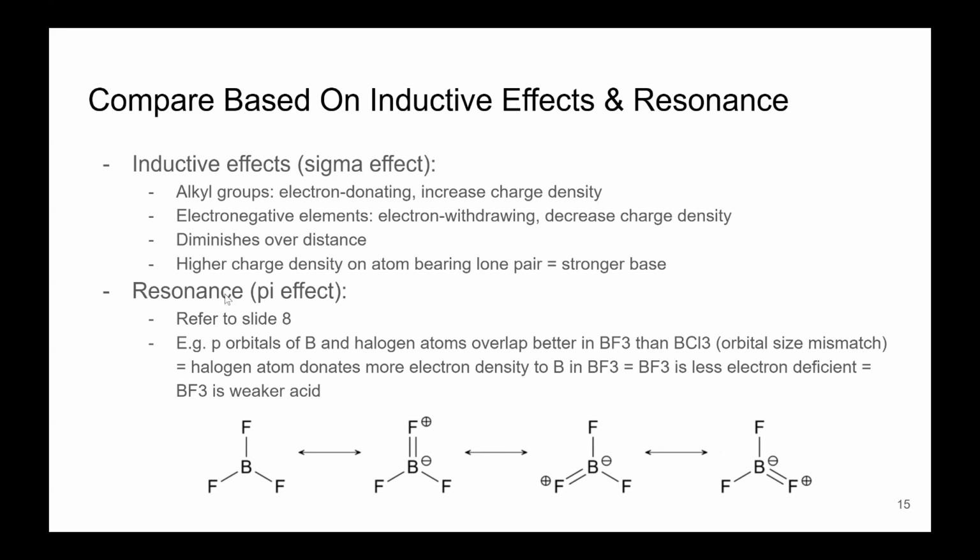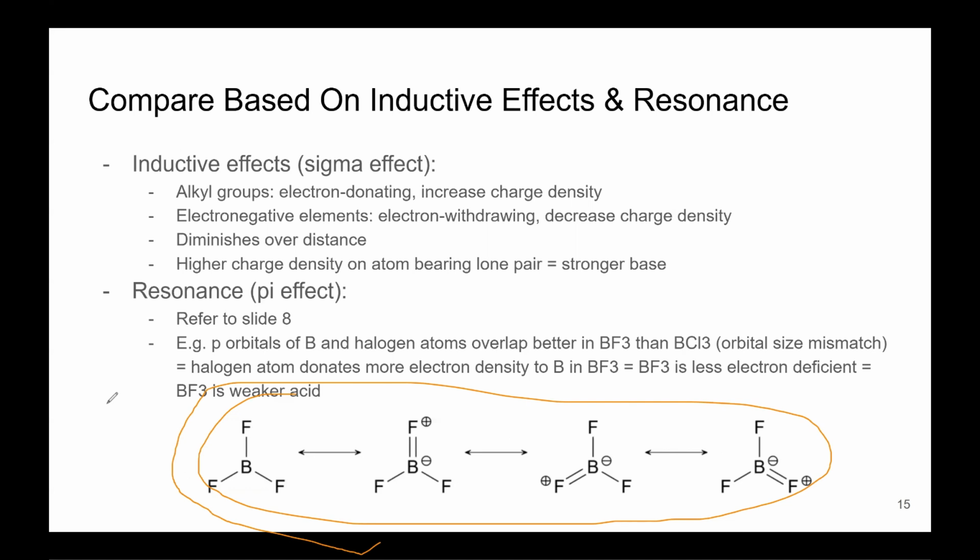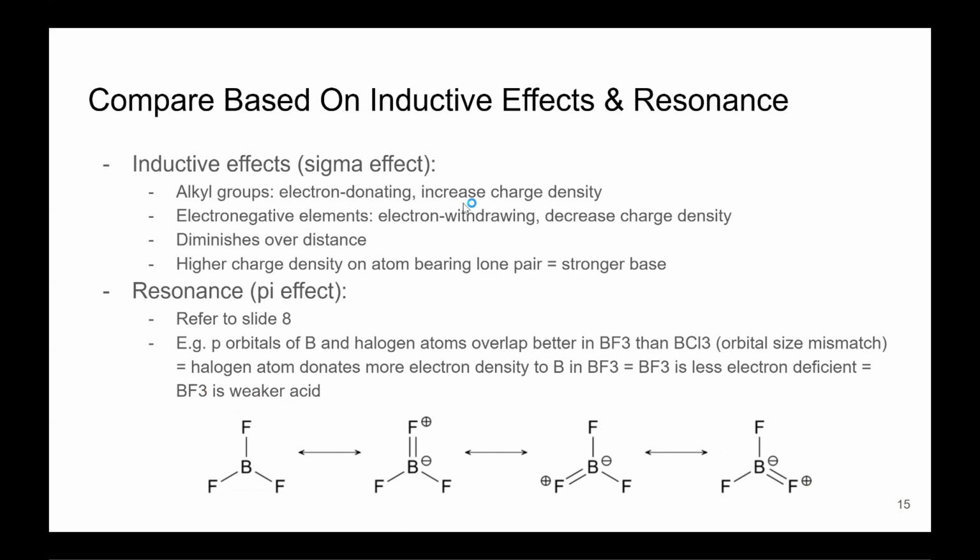For example, BF3 is a weaker acid than BCl3 because for both BF3 and BCl3 you can draw these resonance structures. However, the p orbitals of B and the halogen atoms overlap better in BF3 than BCl3, because B and F are in the same period, so their orbital sizes are similar, while in BCl3, B and Cl are in different periods, so the Cl orbitals are much bigger than the B orbitals and don't overlap as well.